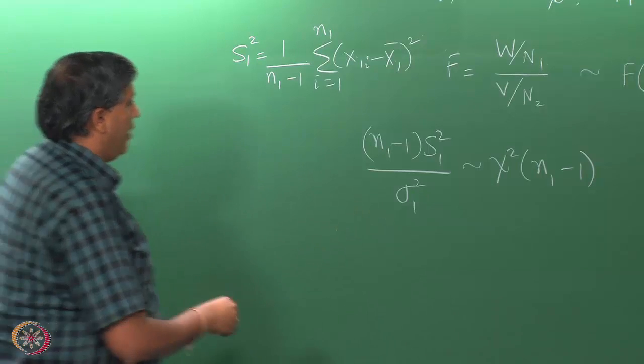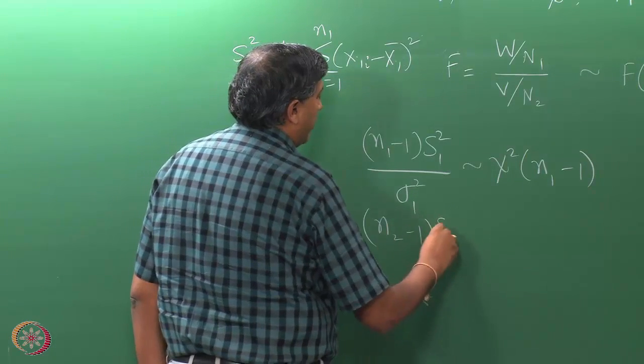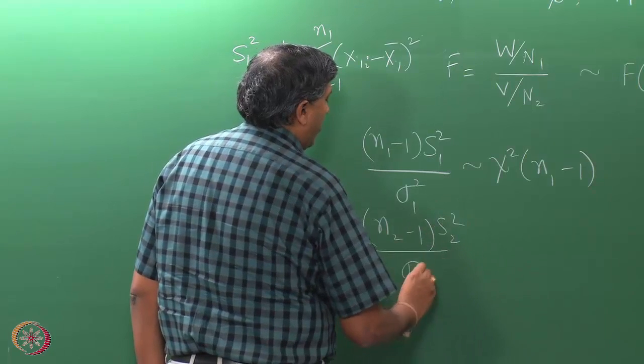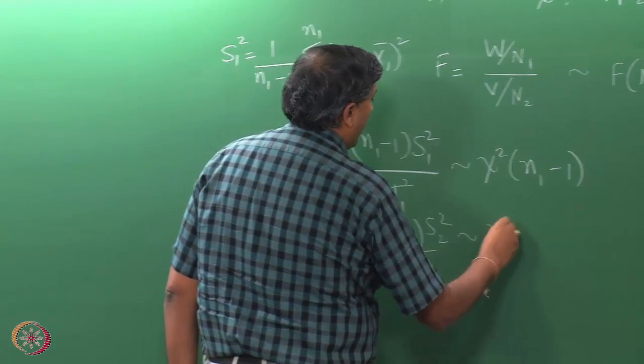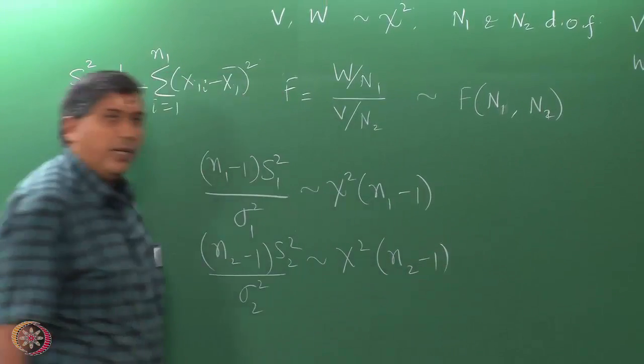All right. Likewise, we have for the second population n2 minus 1 S2 square by sigma 2 square, following a chi-square distribution with n2 minus 1 degrees of freedom.